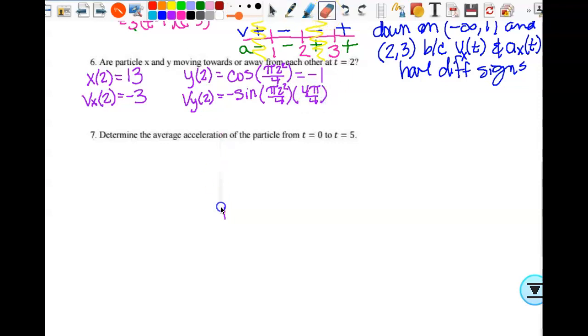Y'all agree with that? Just using that from number 1 up there. All right, so again, this is just negative sine of pi. What's the sine of pi? 0. So then, I mean, that multiply is just going to give me 0, right? Just 0.